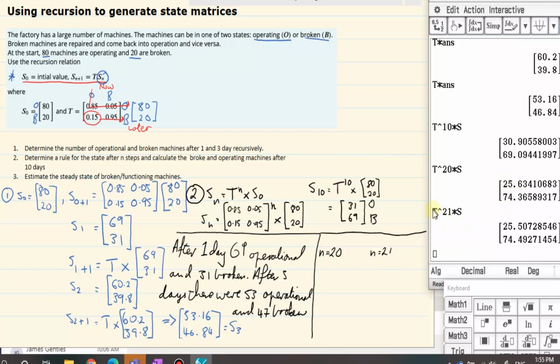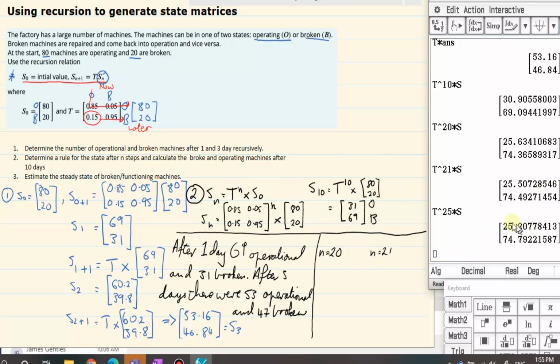So I reckon if I go up a couple more, 25. And we are just getting closer to 25.5 and so on. There we go.